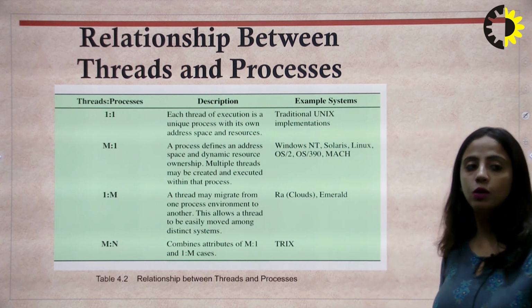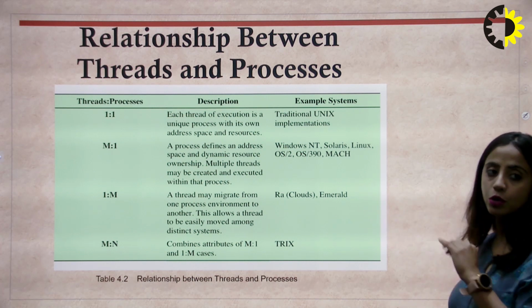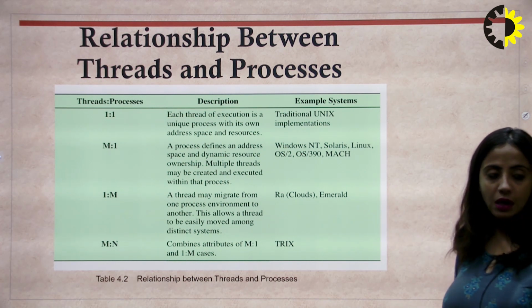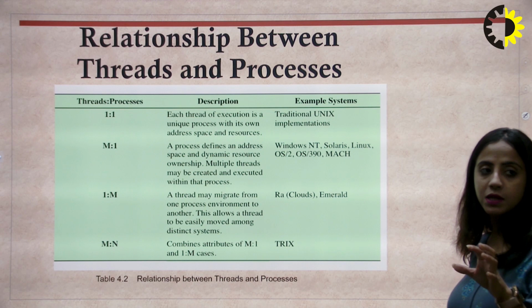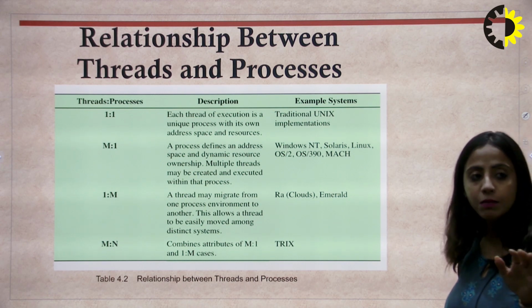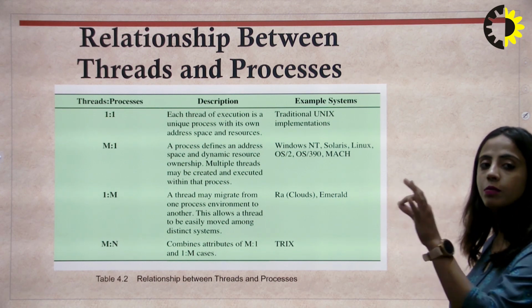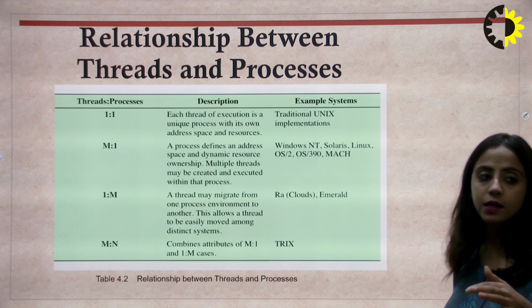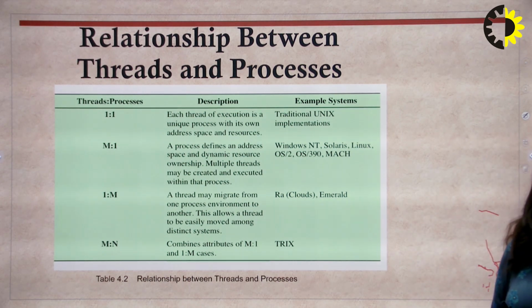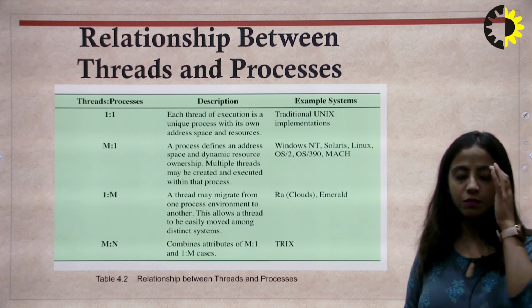Similarly, it is also many-to-one. A process defines an address space and dynamic resource ownership. Multiple threads may be created and executed within that process. A single process can have many threads, so it is also a many-to-one relationship.